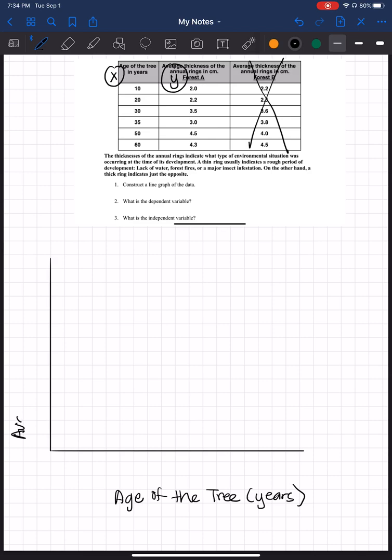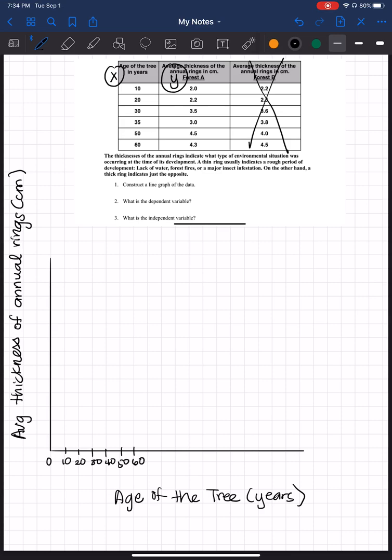I'm just going to abbreviate a little bit here. Average thickness of annual rings in centimeters. Right? And then you're going to do your ranges. And this one looks like it's in easy 10s, so I'm just going to go with 10. So 10, 20, 30, 40, 50, 60.